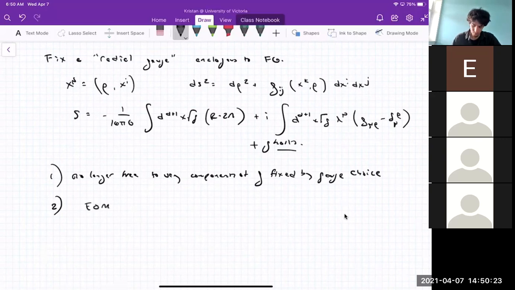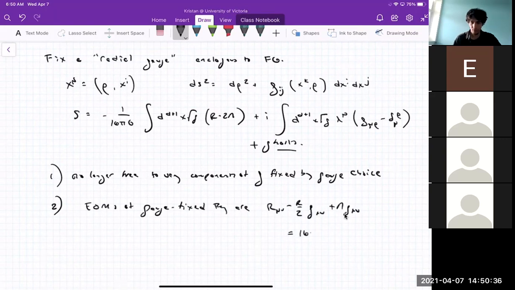So the EOMs of the gauge fixed theory are R mu nu minus R over 2 g mu nu, the usual Einstein field equations, equal to 16 pi G times an i times a lambda mu delta nu rho in this gauge choice.